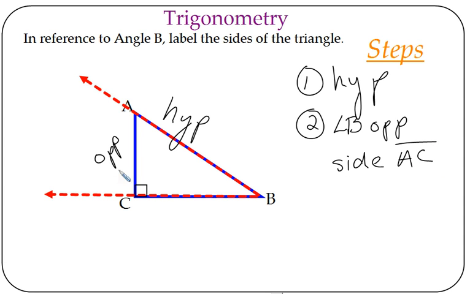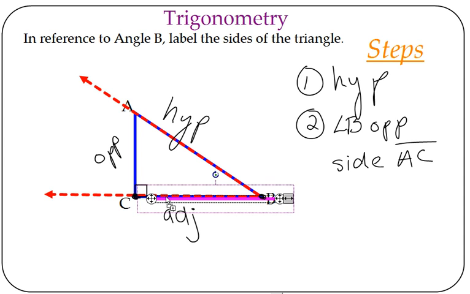And finally, if this is the opposite, then this must be adjacent. And again, if you look at this segment BC here, you'll notice that they have a common endpoint. Oh, that didn't quite land in the right spot.